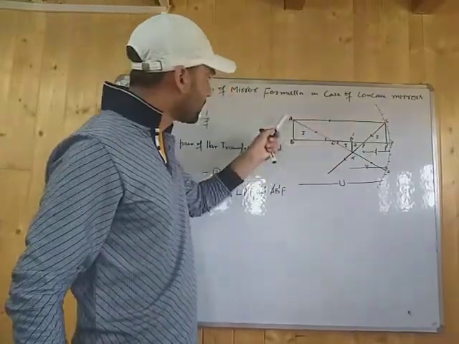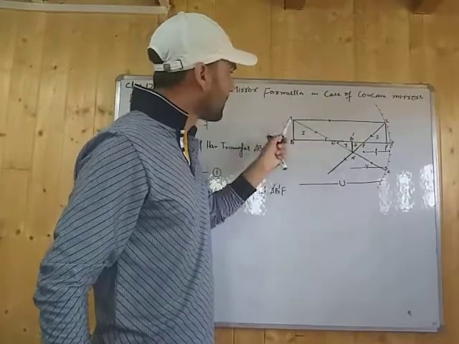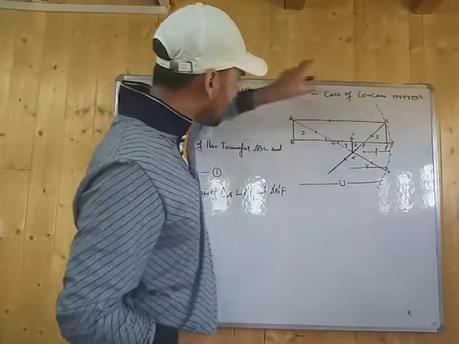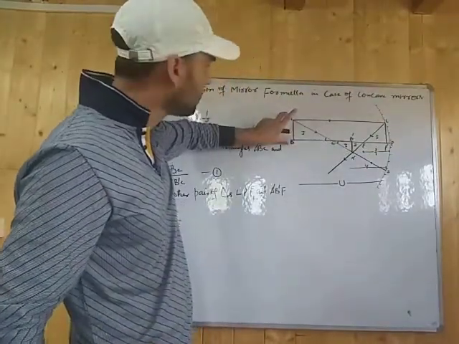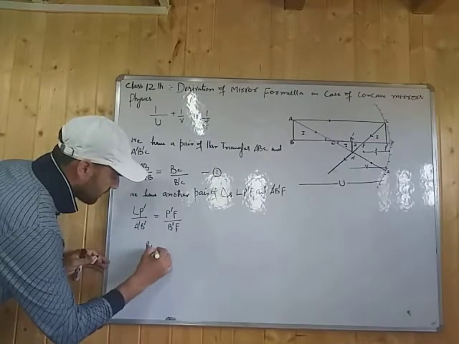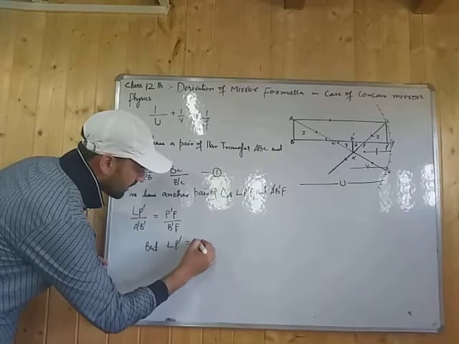Here this LP dash is equal to AB, because this ray of light, AL, goes parallel to the principal axis. So this distance LP dash is equal to AB.